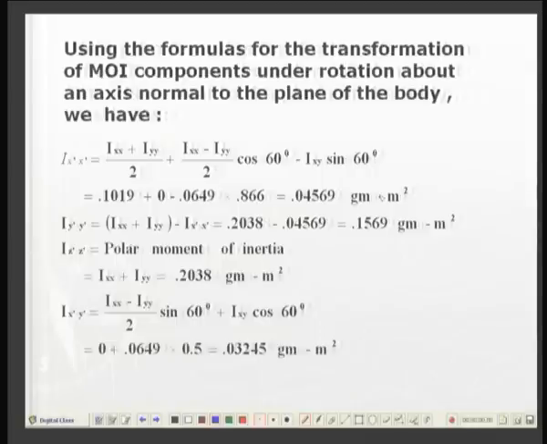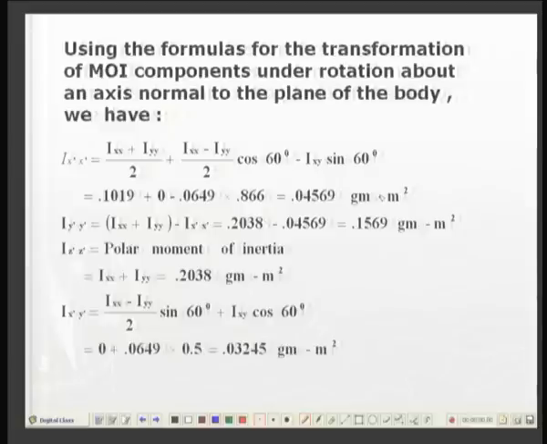Well, we have to directly use the formulas which we have derived for the rotation, from the correspondence principle of the second moments of areas. So, Ix dash x dash for the moment of inertia is Ixx plus Iyy, that is the moments of inertia values in the old coordinate system, plus the difference between the two divided by 2 cosine 2 alpha. Alpha is 30 degrees, so cosine of 60 degrees, minus the product of inertia times sine 2 alpha, that is sine of 60 degrees.